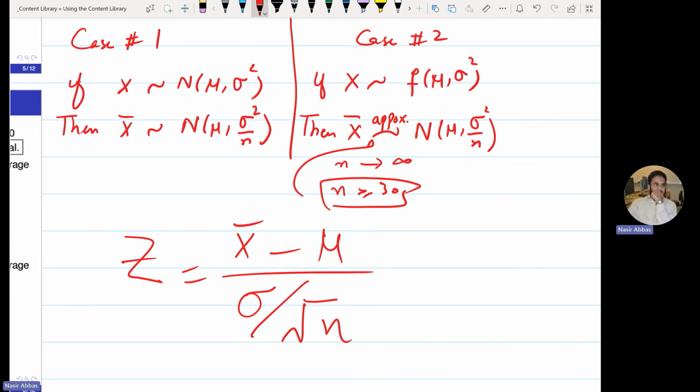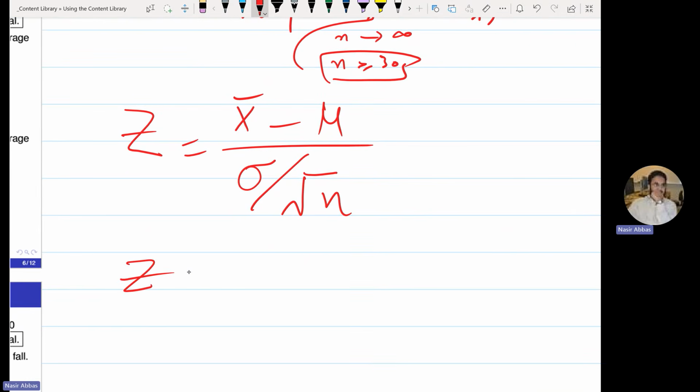So if in exam you get a question about x, you will use this formula from the normal distribution. If in exam you get a question about x bar, you will use that formula. That's the only difference in chapter 7. That's it.